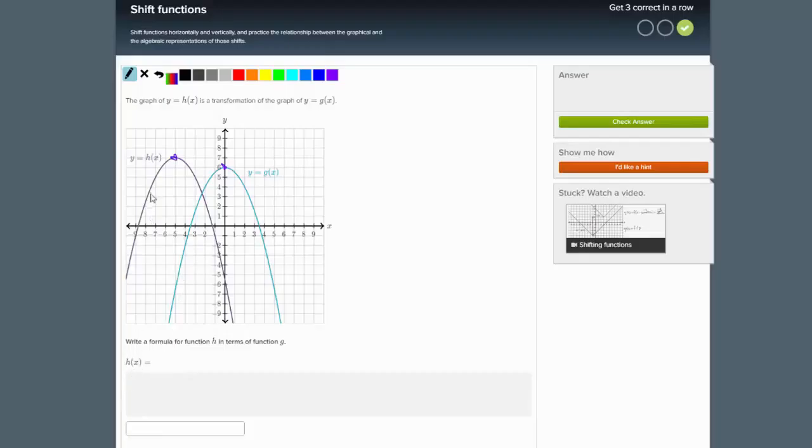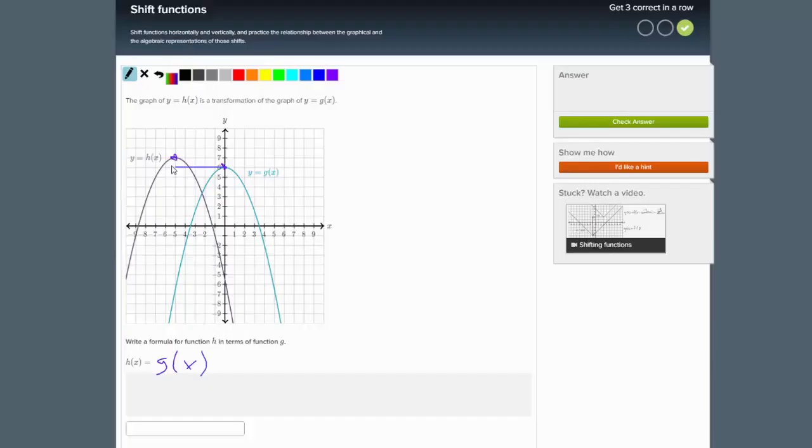Now if I just want to say that it's the same exact parabola, which I don't, but if I did, I would just say h of x equals g of x. Okay, but it doesn't. It moves first, right? So this moves 1, 2, 3, 4, 5 left. Normally a -5, but remember when I do this, I change it, and I have to change inside the grouping symbol.